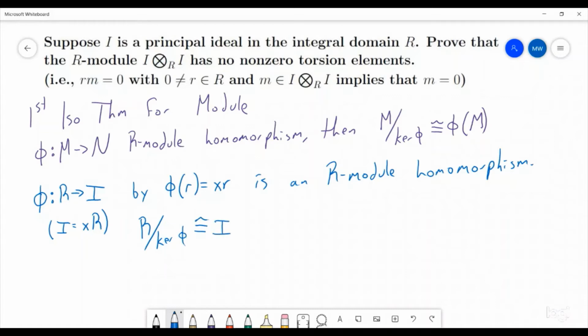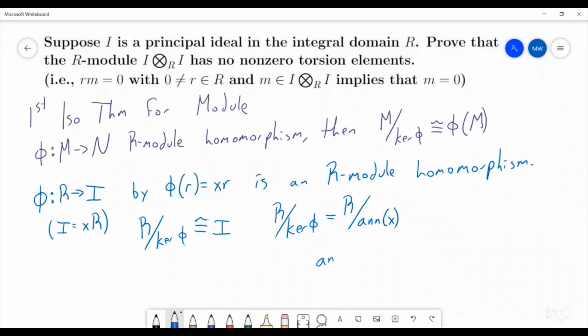Now what's the kernel of phi? These are the things that go to 0, so the kernel is the things that get annihilated by x. And what are the things that get annihilated by x?